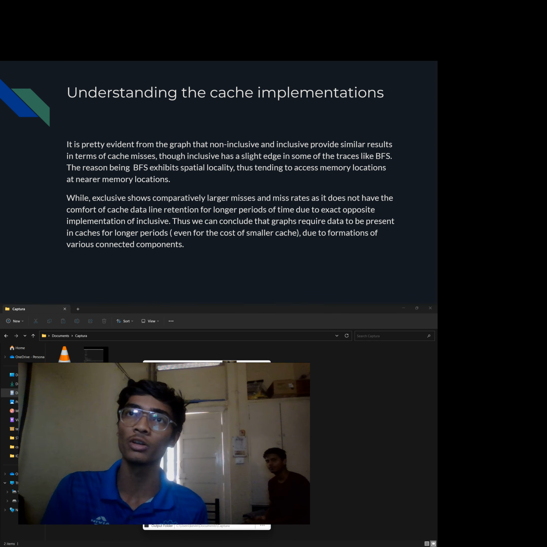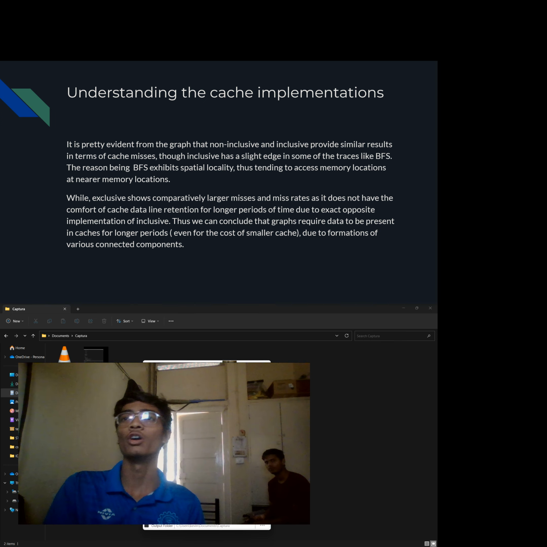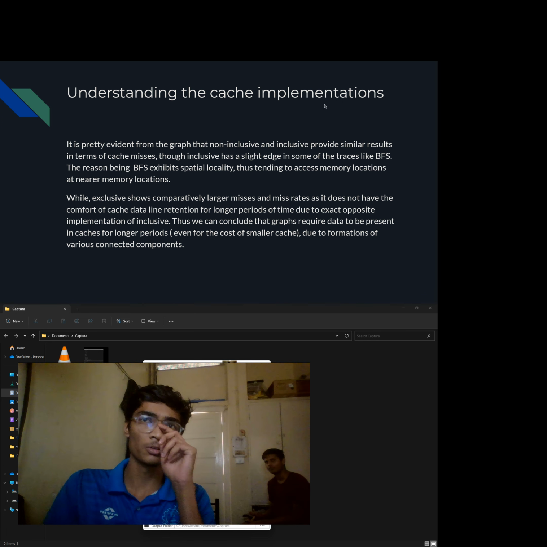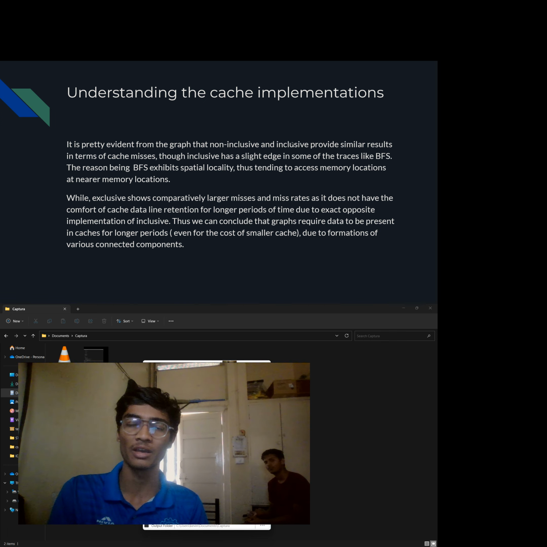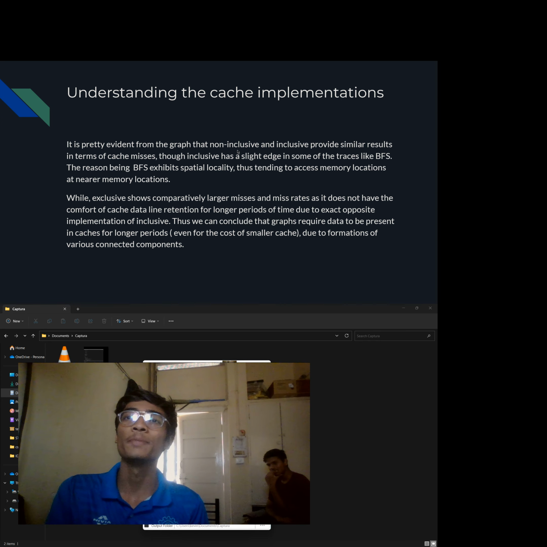Providing the explanation regarding the similarity between non-inclusive and inclusive implementations, we could see that traces like BFS have a slight edge for inclusive over non-inclusive because of the spatial locality exhibited by BFS.